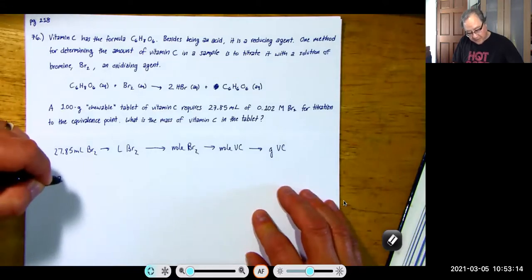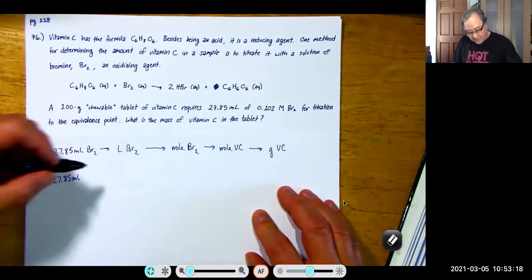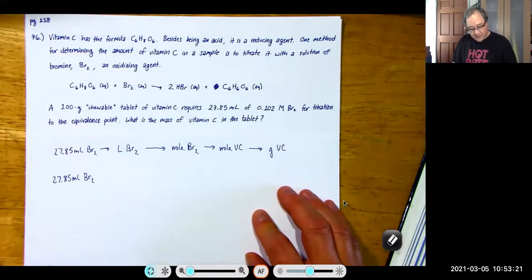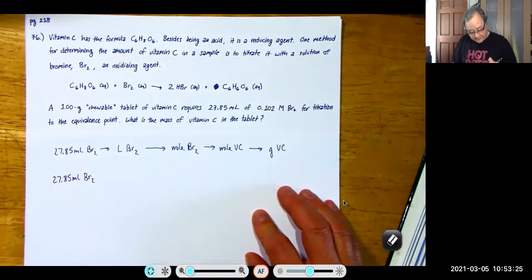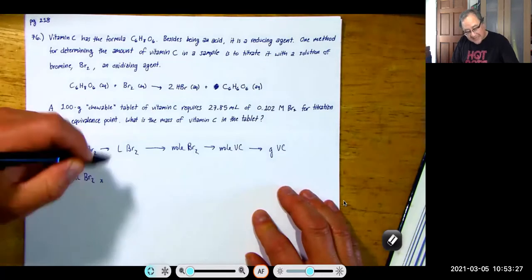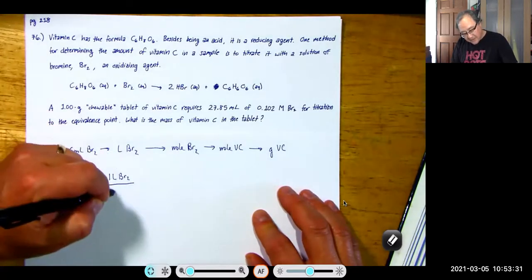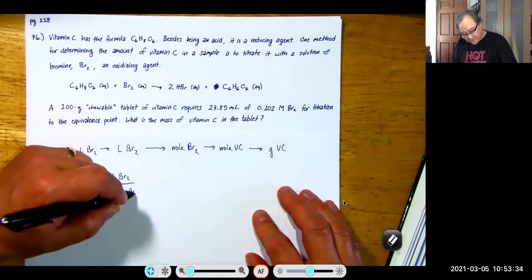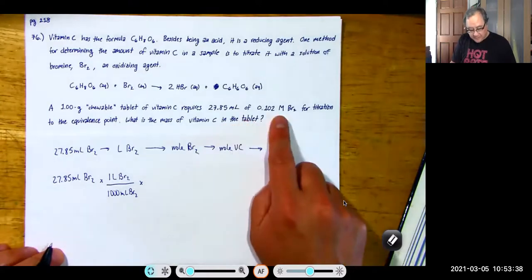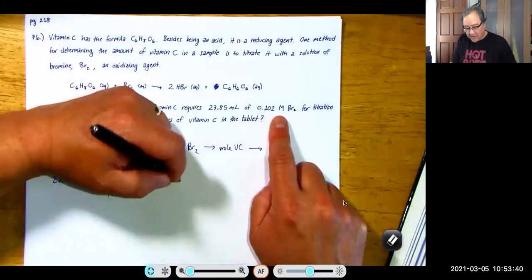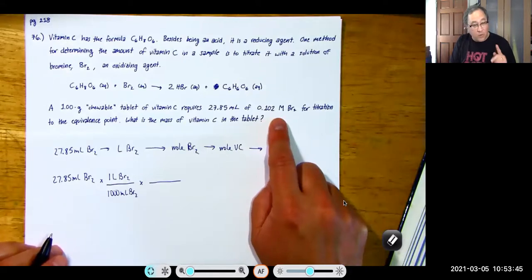27.85 milliliters of Br2. What's the conversion for milliliters to liters? Yep, you got it. 1 liter of Br2 to 1,000 milliliters of Br2. Now this is the molarity. We have 0.102 moles of bromine per 1 liter of bromine.